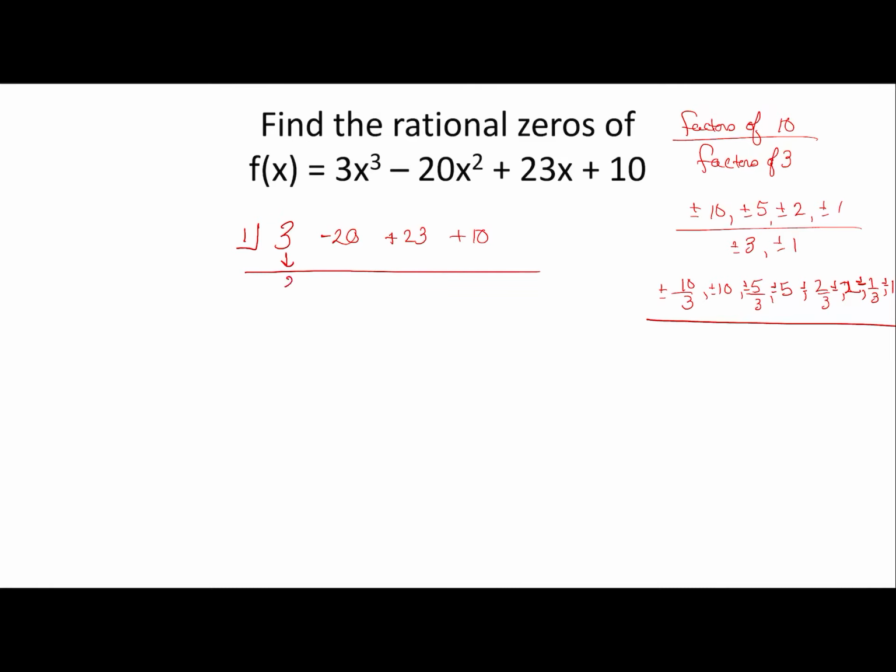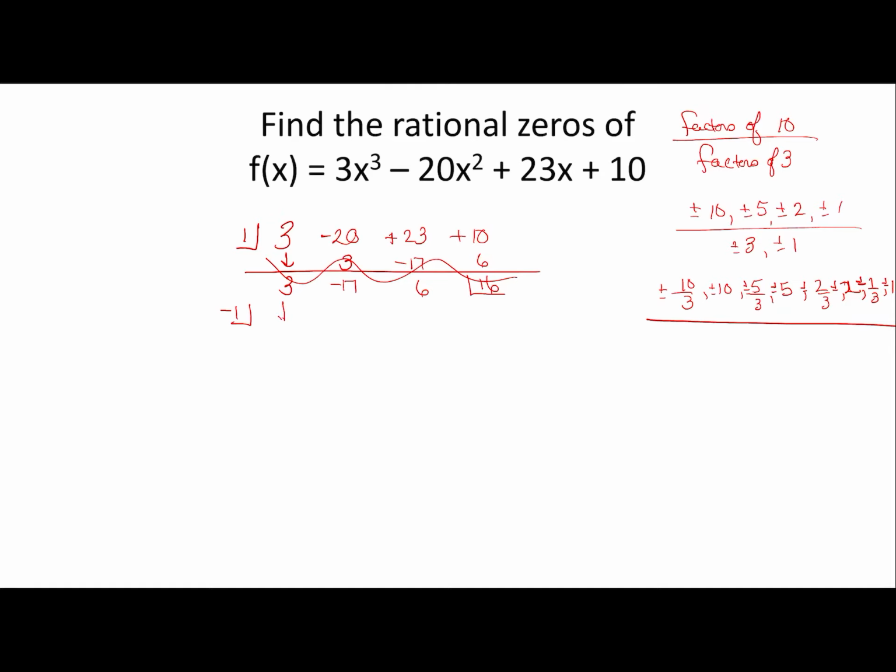We bring our 3 down. 3 times 1 is 3, and -20 plus 3 is -17. 23 and -17 is 6. 6 times 1 is 6, and that does not get us a 0. So we could instead try -1.